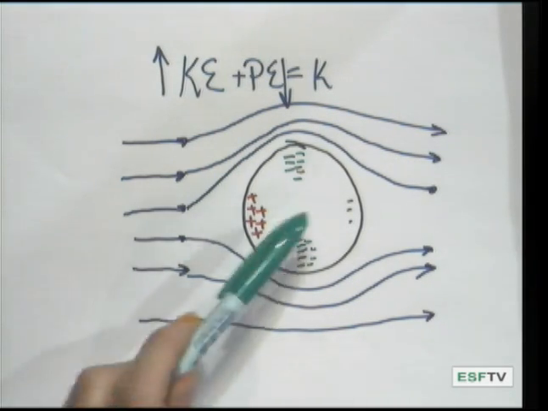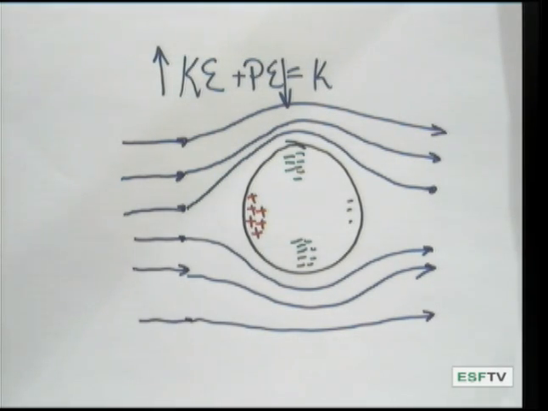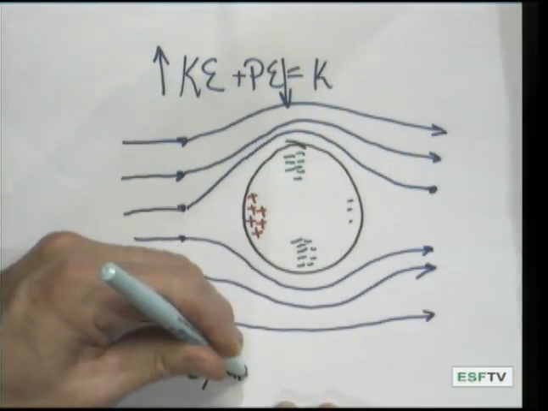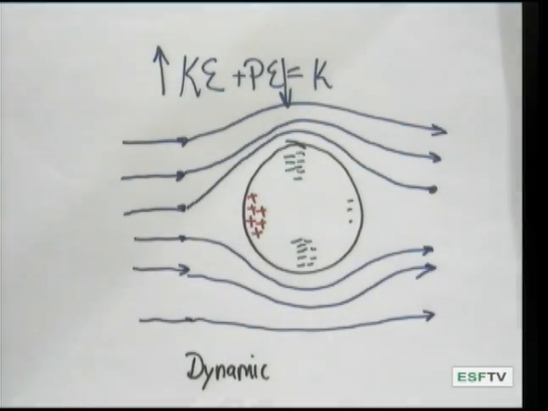Now, what's going on here is that you are getting a distortion of the fluid that is coming about through the adherence of fluids to the principle of conservation of energy. This is a kind of interaction that we can call a dynamic interaction because it involves transfers of energy and conversions of energy from one form to another.